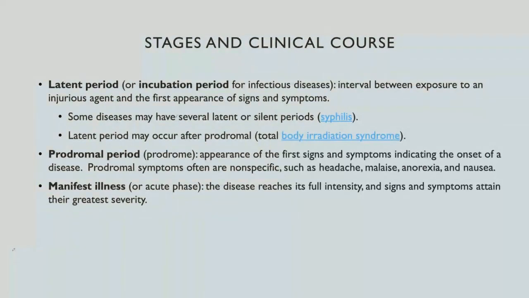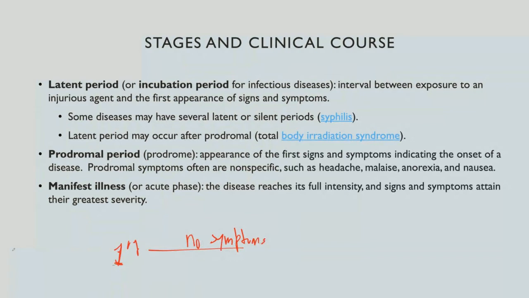Some diseases may have very long latent periods, like HIV infection or AIDS may have a latent period of several years. Syphilis may have several latent periods. That's why we have primary syphilis, then they have the lesions on the genitalia, then they have no symptoms.